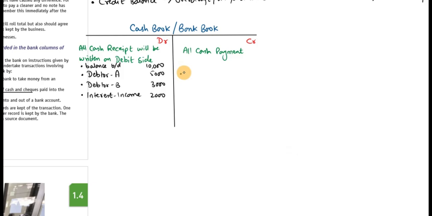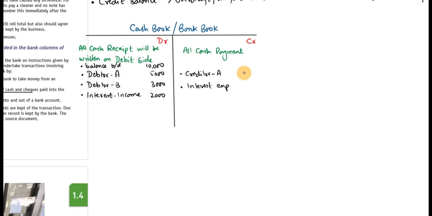These are all fictitious. I am assuming the values just to understand how the account works. So we have a creditor, and creditor means trade payable. We made payment to creditor A, and we gave payment for interest expense.